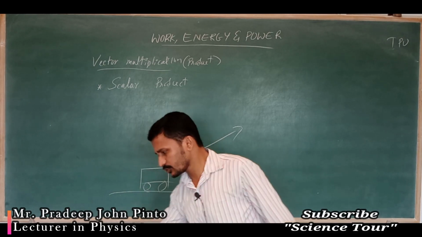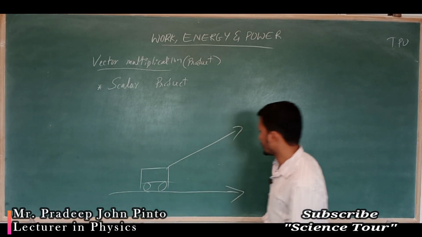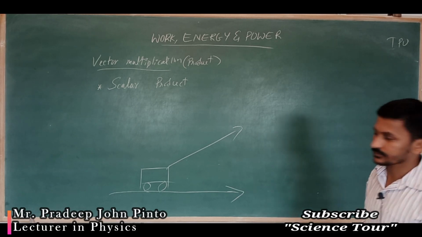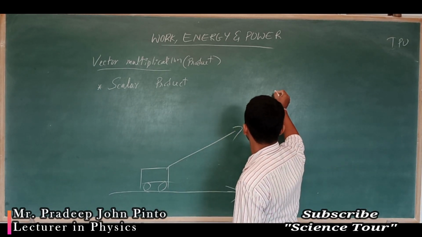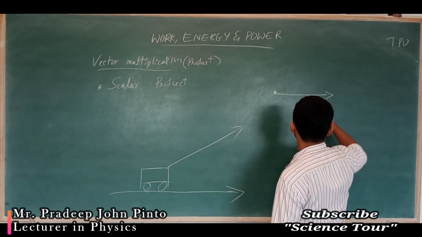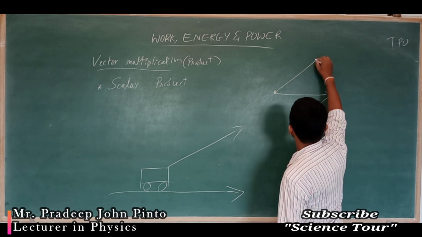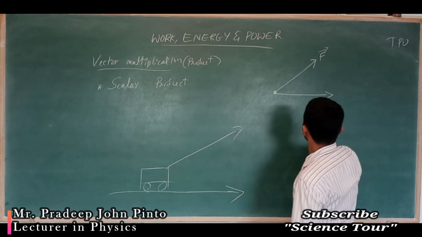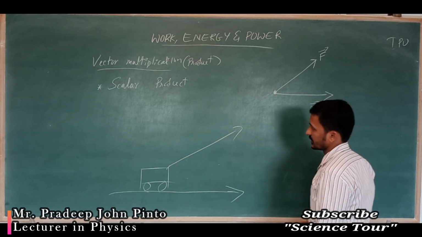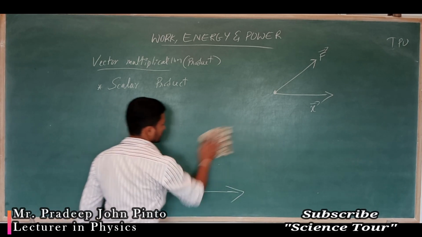I have applied the force in this way, but the toy is moving horizontally. Why? The displacement is in the x direction. The force will be in this way. That is a vector. Displacement is a vector, right?